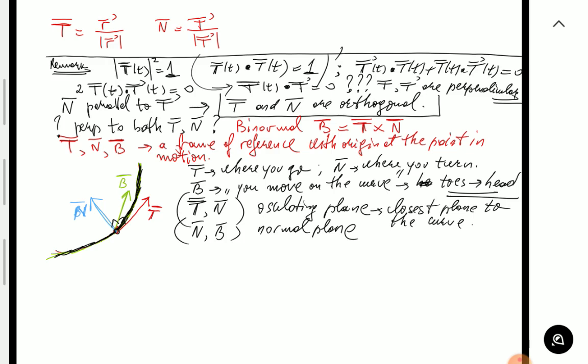So let's finish up this section, this lecture, with an example or two. Let's just do an example, and I'm going to go over some other examples in the last part with Maple.